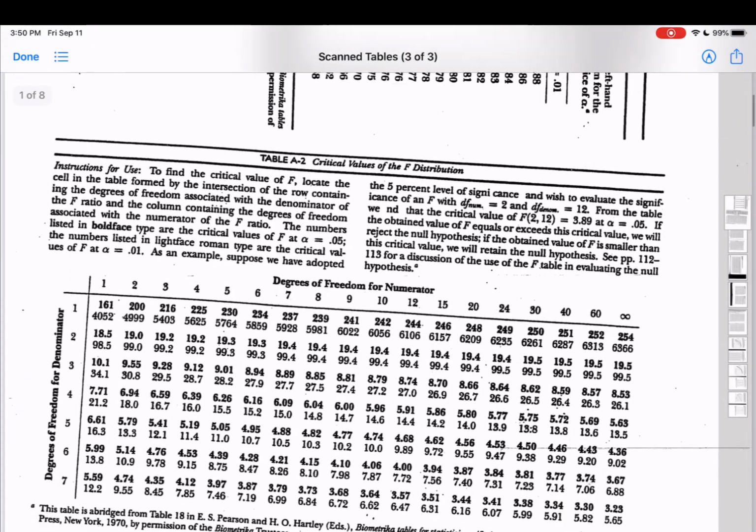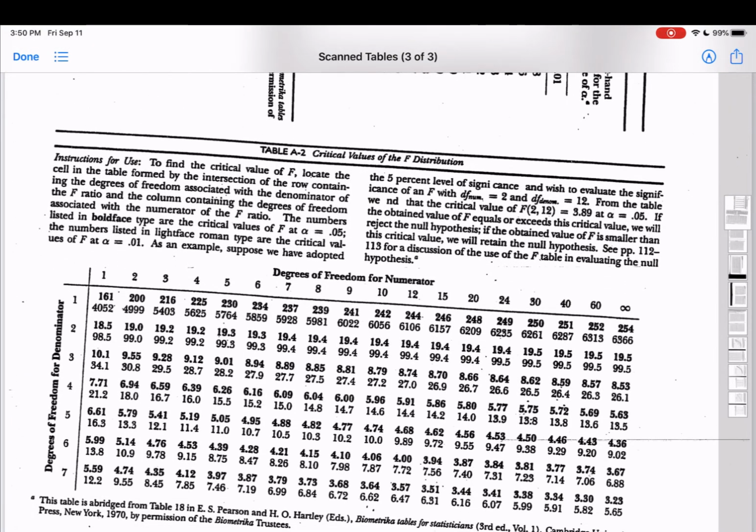Okay, so this is the table you want to use. You can see it says table A2, critical values of the F distribution.